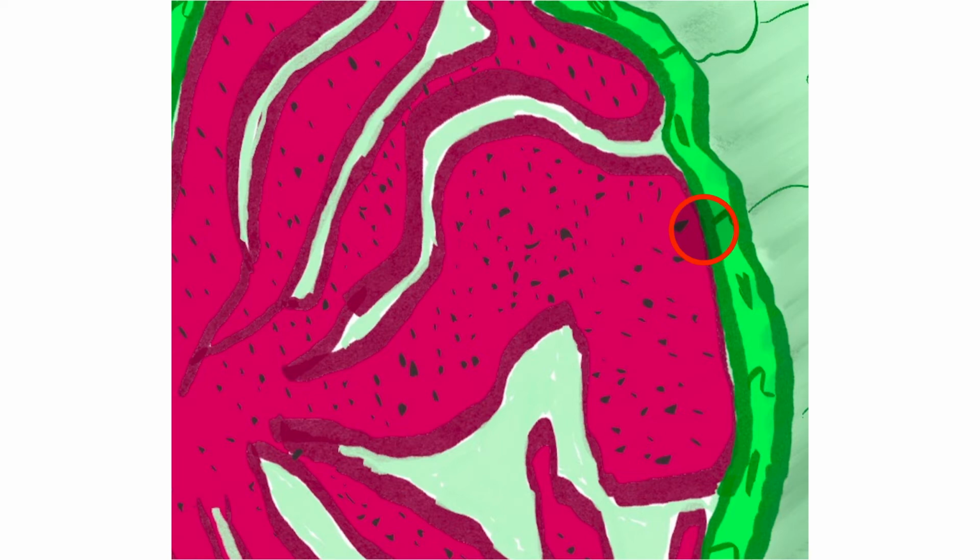Most plasma proteins have a negative charge. So if plasma proteins are small enough to squeak through these fenestrations, hopefully the negative charge of the basement membrane is going to repel those plasma proteins. And theoretically, that is what's going to happen.